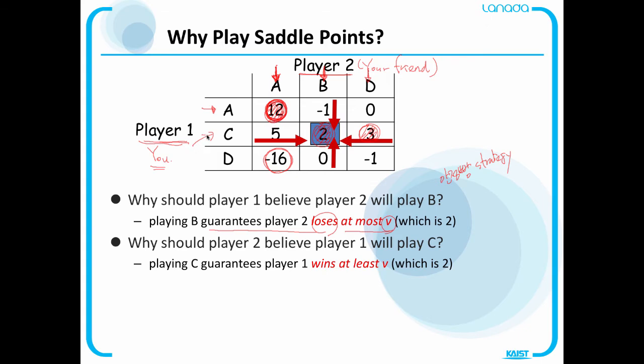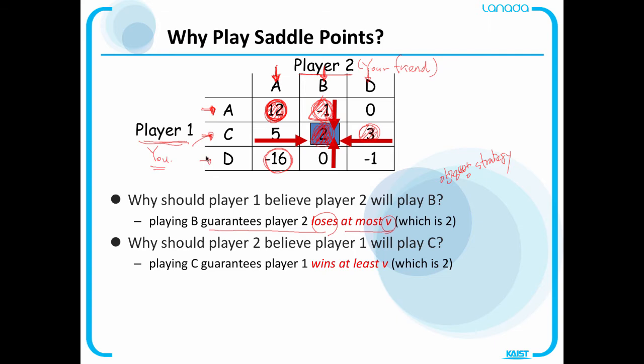But if player 1 chooses A, then I can lose up to -1, right? That's the smallest payoff. If player 1 chooses C, what's the smallest payoff? That's 2.